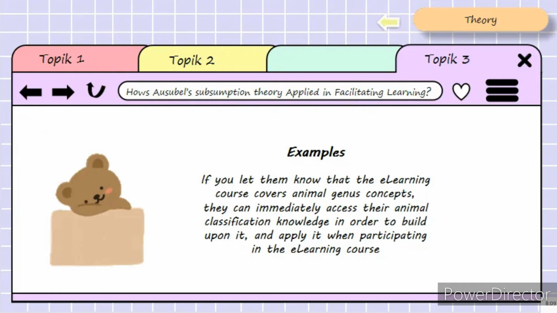Example, if you let them know that the e-learning course covers animal genus concepts, they can immediately assess their animal classification knowledge in order to build upon it and apply it when participating in the e-learning course.